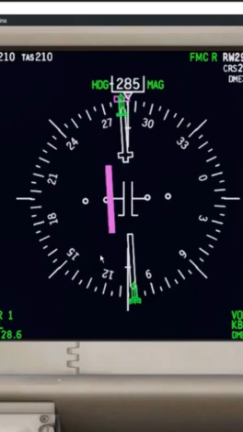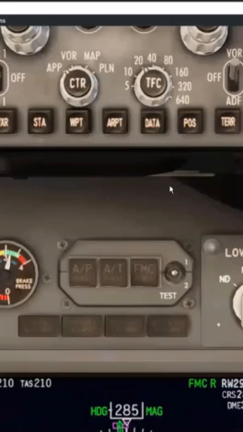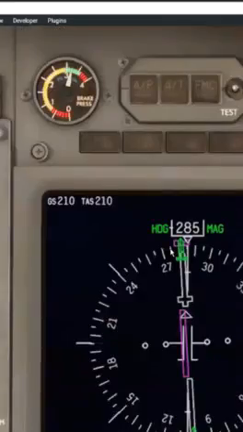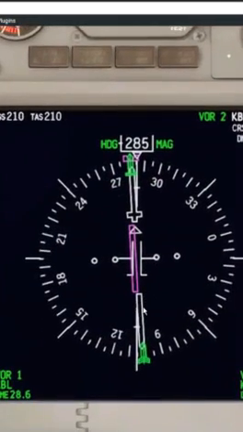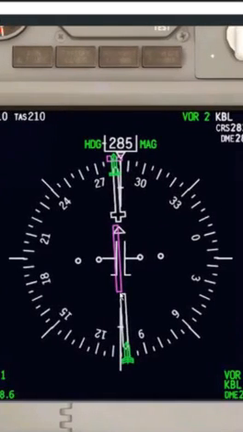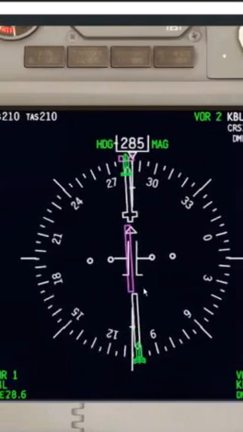That's the reason for this discrepancy. This is for demonstration only. All right. Now we can go back to VOR, as you can see, and there we are. So everything is the way we want it.